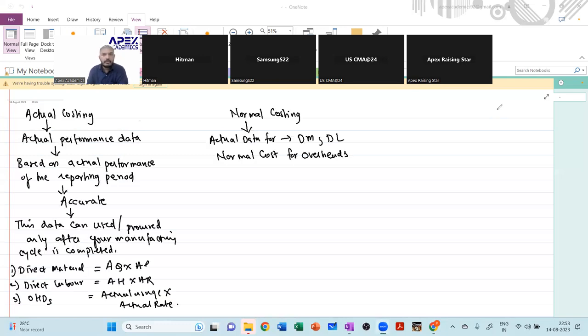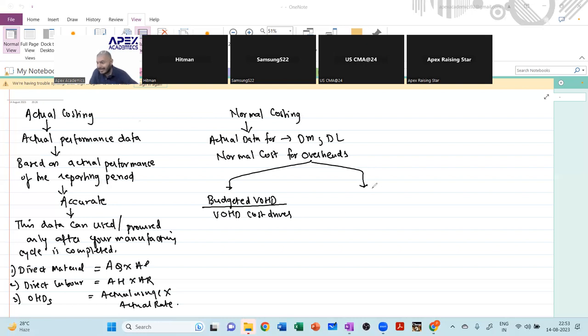Normal cost for overheads: here we will take into consideration two items. The first is the budgeted variable overheads amount, divided by the variable overheads cost driver. Next, I will take into consideration the budgeted fixed overheads, divided by the fixed overheads cost driver.